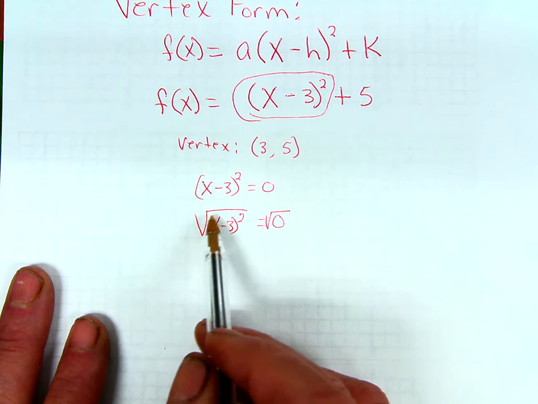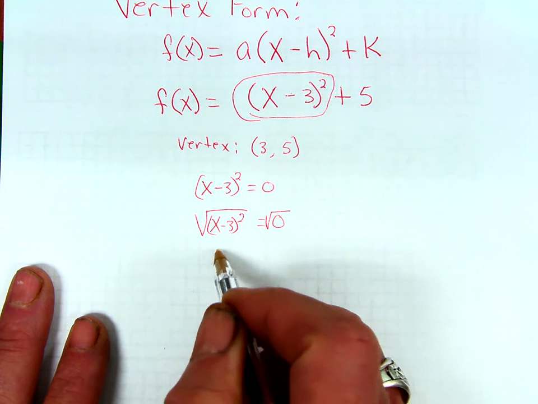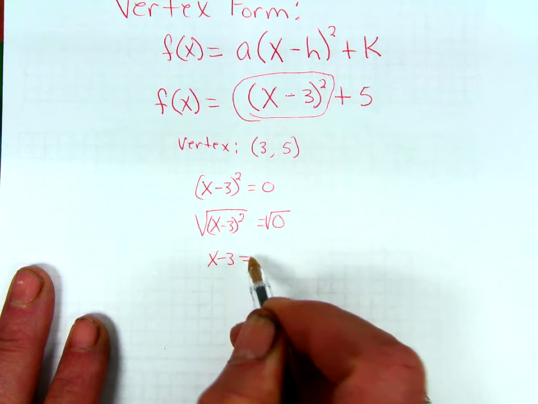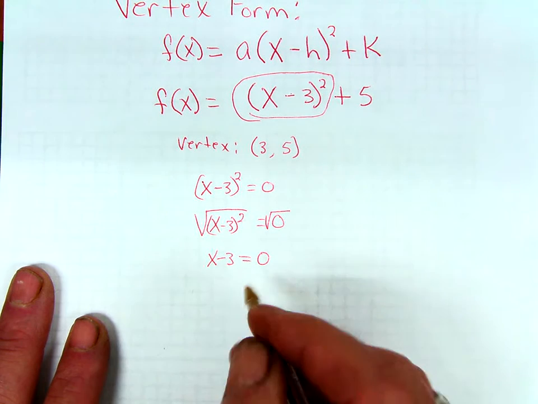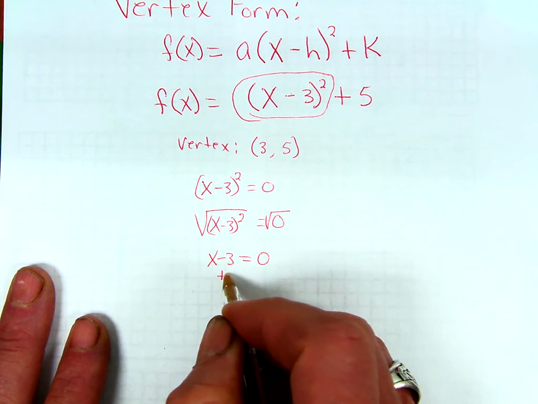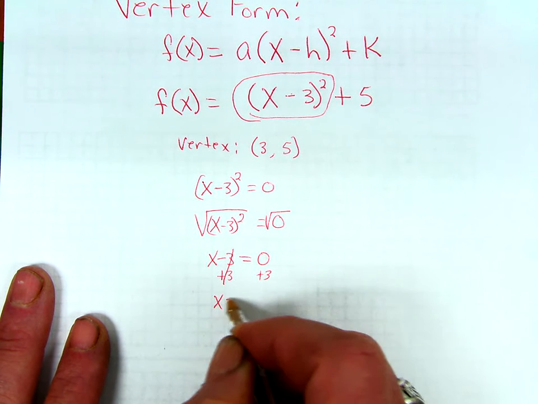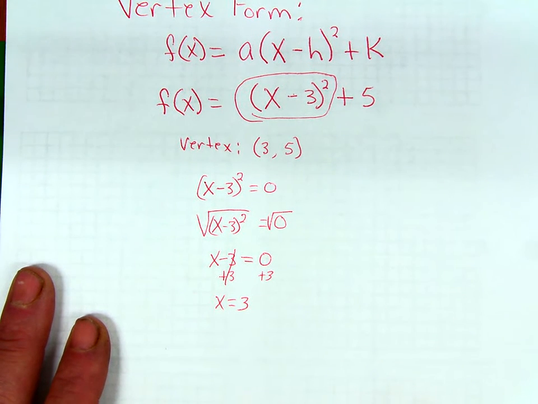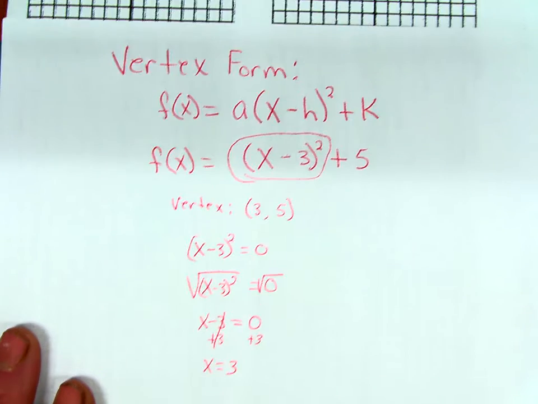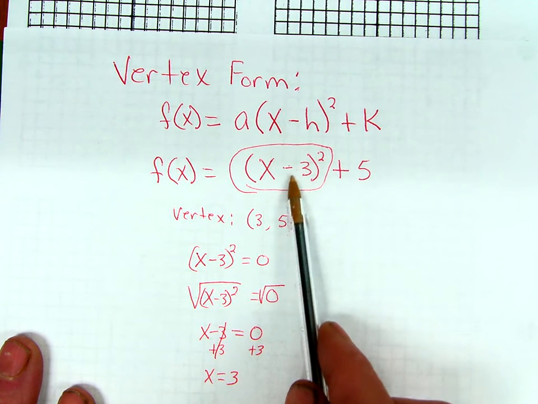The only thing that the square root does for this is take off the square. So now we have x minus 3, and the square root of 0 is still 0. Add 3, x equals +3.